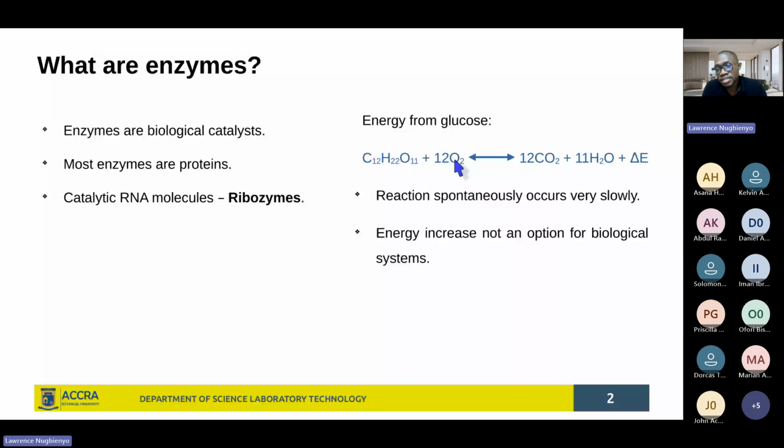It's getting oxidized, and in that process of oxidation, it gets broken down into carbon dioxide, which we say is a byproduct of metabolism. Some amount of water is generated in that process, and then energy is given. So that is what we say, that carbohydrates are broken down to give energy, and it gives out carbon dioxide and water as byproducts.